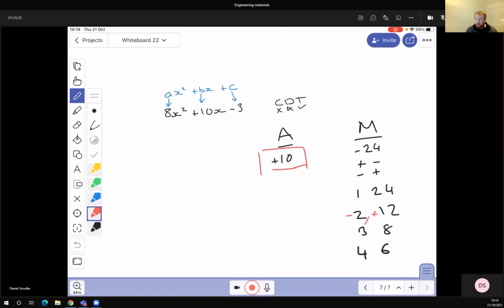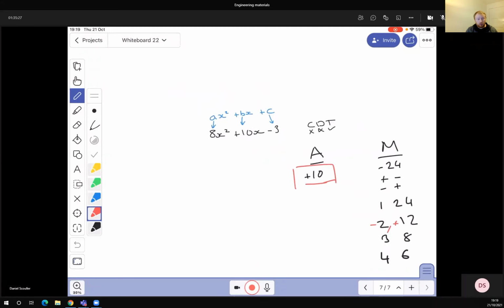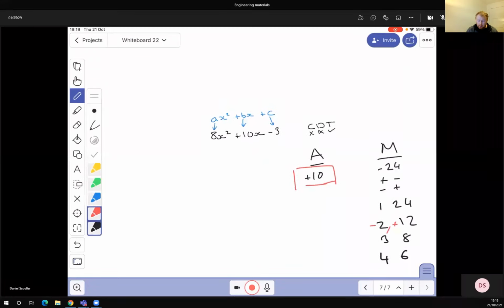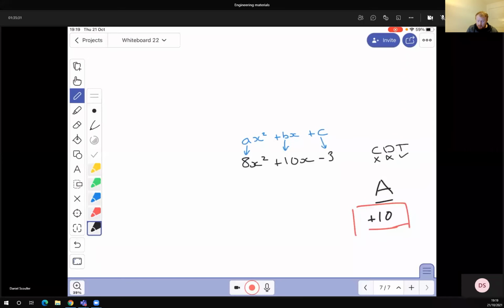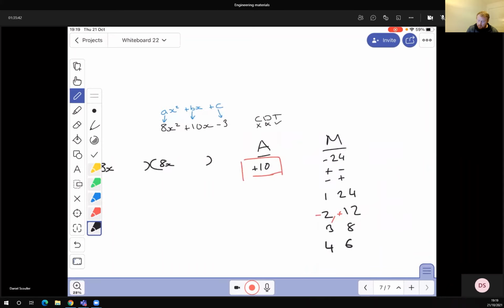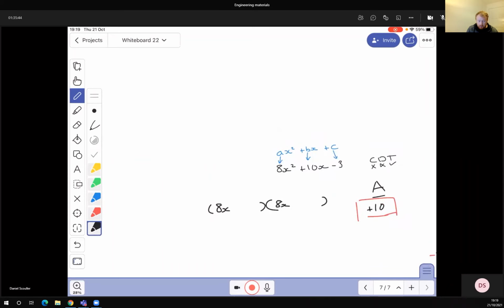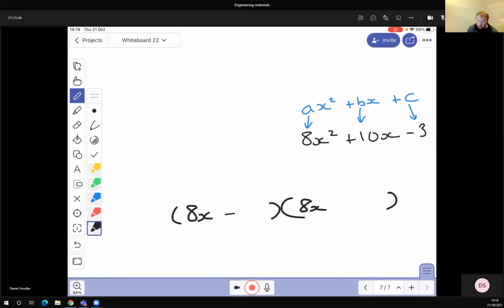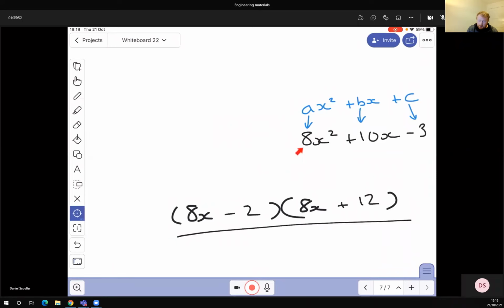So we're taking negative 2 and plus 12 and we're going to do that process again. We create brackets and put 8x in both of these brackets. Then we put minus 2 and positive 12, and then we divide it all by this number.